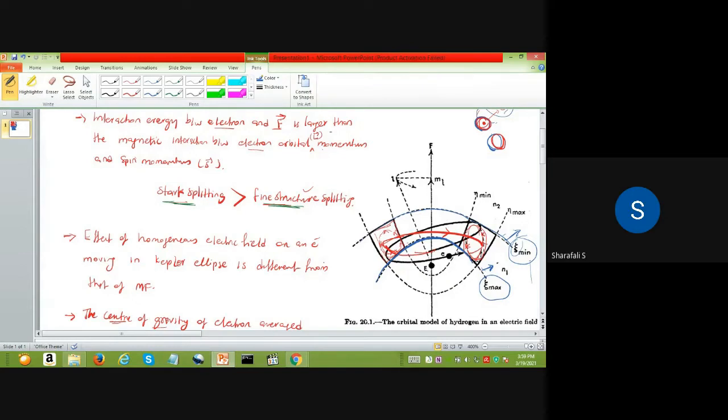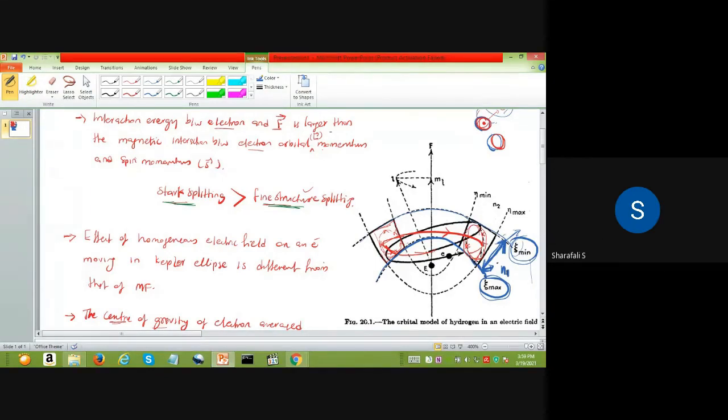There are two parabolas. This is for eta max. So the n1 quantum number will limit the electron motion to the region between eta minimum and eta maximum. The region between these two is this one. So that quantum number n1 will limit the electron motion in this particular paraboloid.